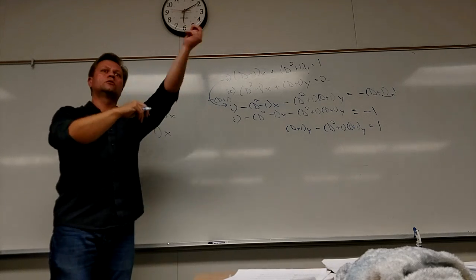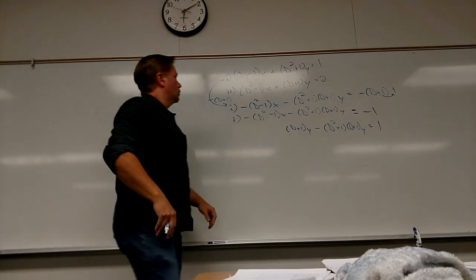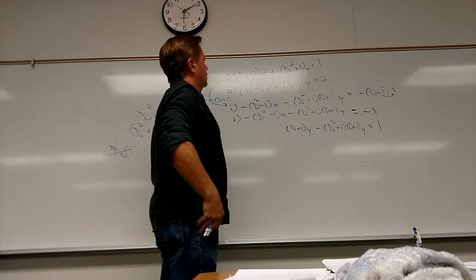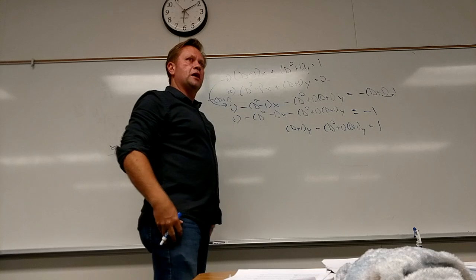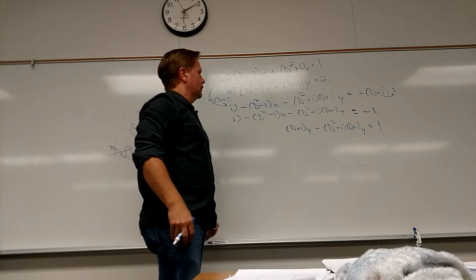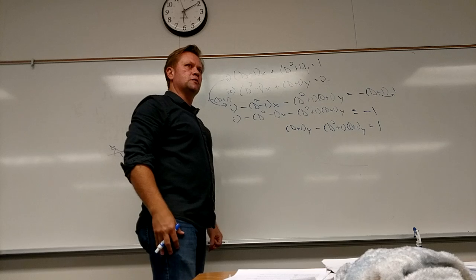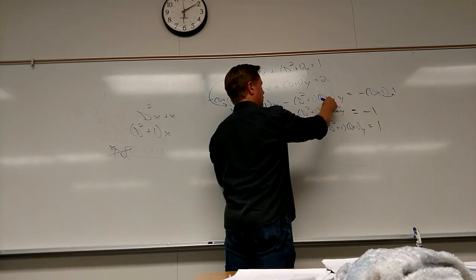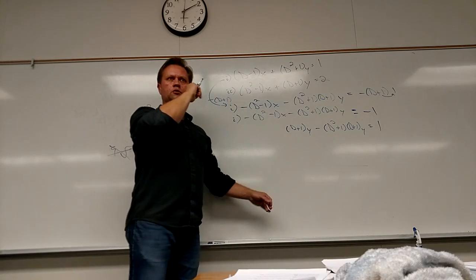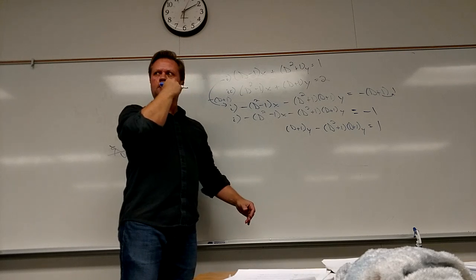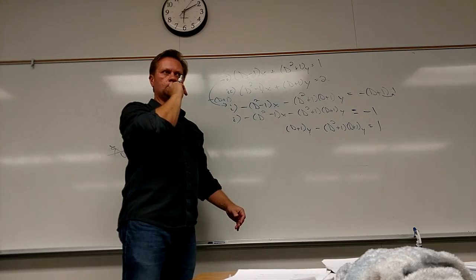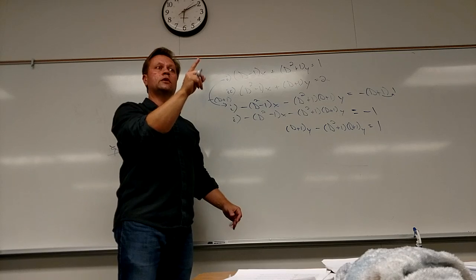Yes, sir. So how come you wrote the d squared plus 1 before the d plus 1 on the first 3 lines? It doesn't matter. Doesn't matter? No. Again, differential operators are linear, so it doesn't matter if you operate with this one first or that one first. Is that cool? Yeah. But it does matter that y is in front.